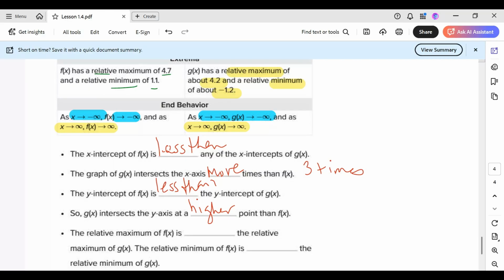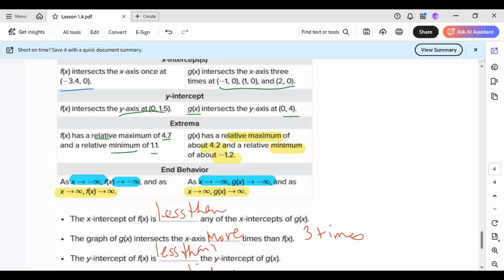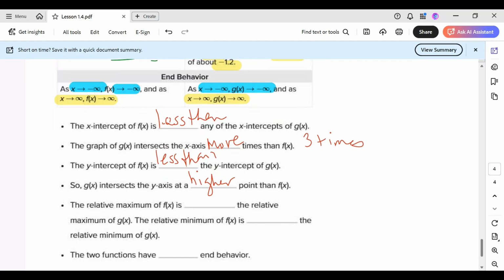than f of x. The relative max of f of x, when we look at our relative maxes, f of x is at 4.7, g of x is only at 4.2, so f of x is greater than the relative max of g of x.